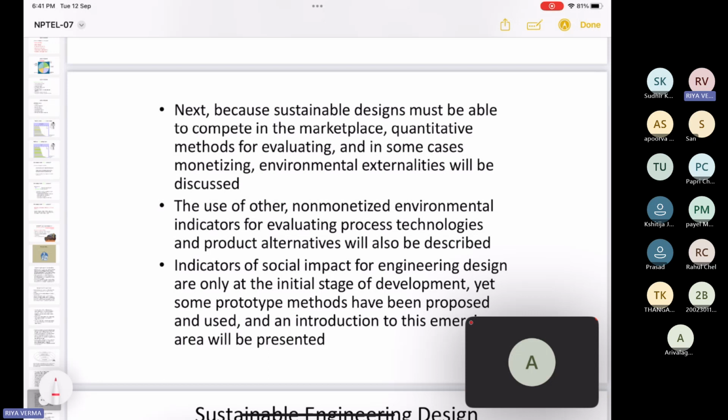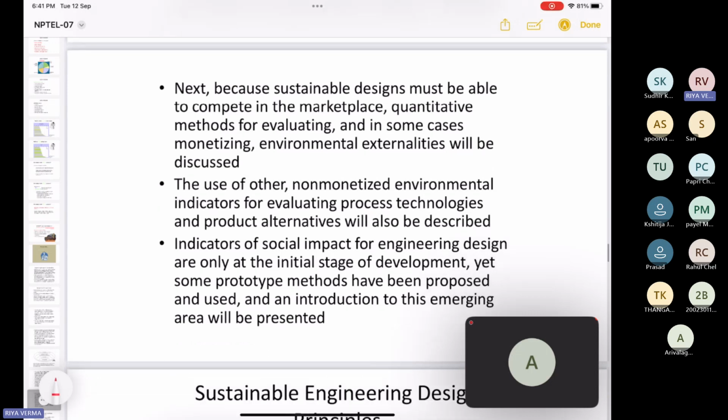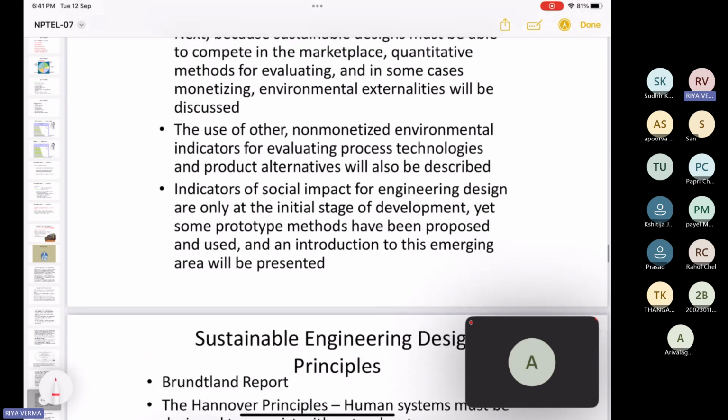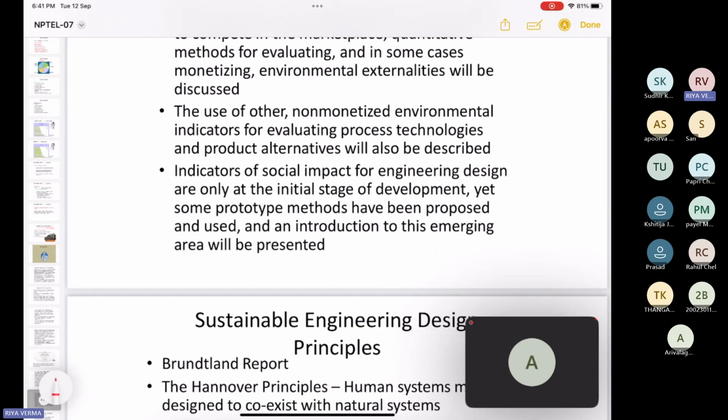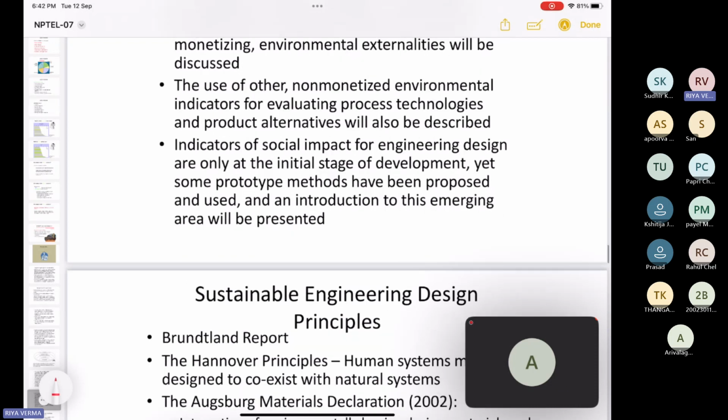The use of other non-monetized environmental indicators for evaluating process technologies and product alternatives will also be described, and indicators of social impact for engineering design are only at the initial stage of development. Yet some prototype methods have been proposed and used, and an introduction to this emerging area will be presented.